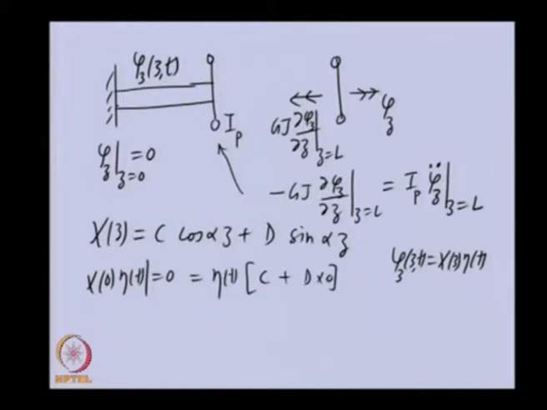We have already seen that for this particular case, because eta cannot be 0, this gives C equal to 0. This was a similar condition to the previous one. The complexity is there in the second boundary condition now. So now we need to substitute the solution here. I am taking this in the second slide. The boundary condition I am rewriting.